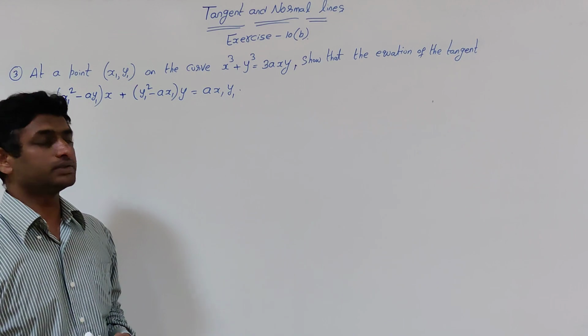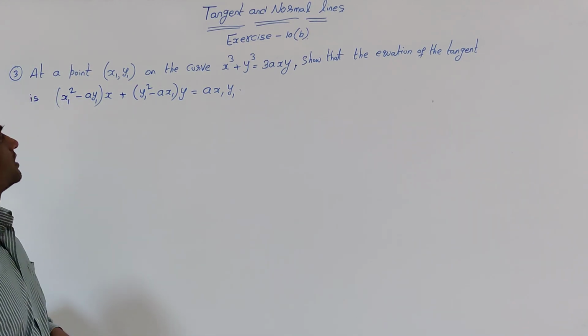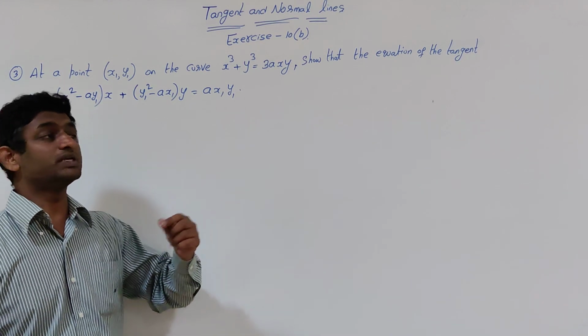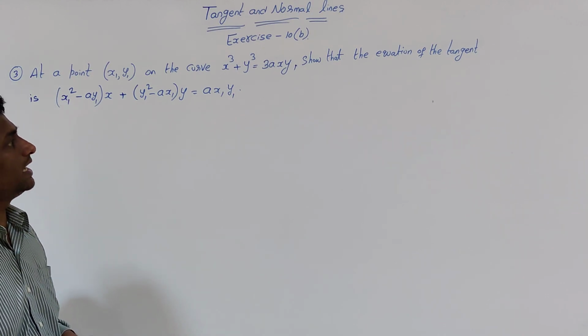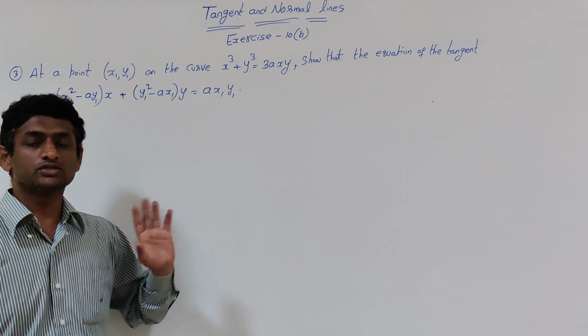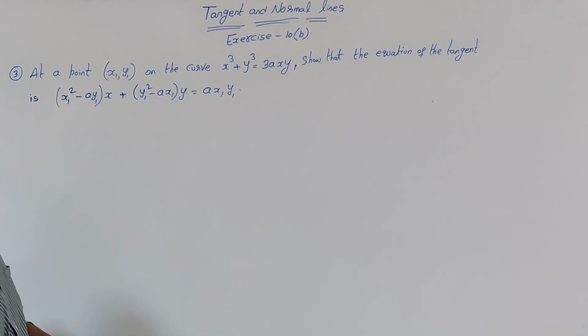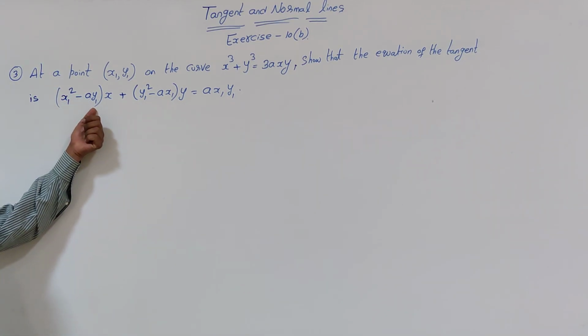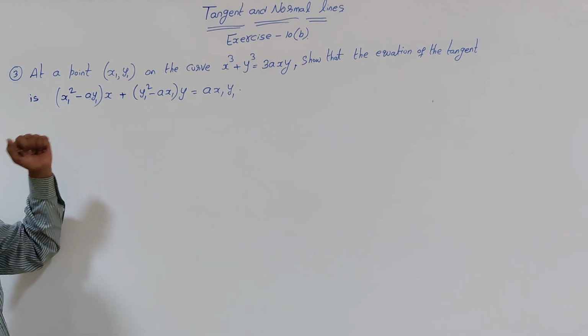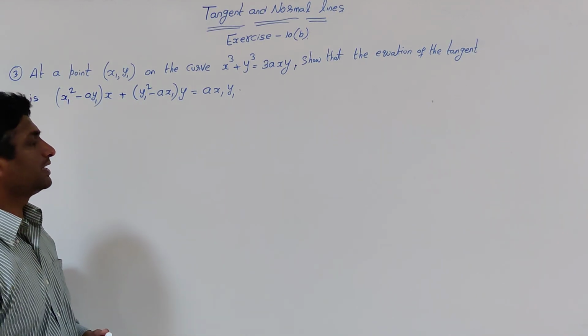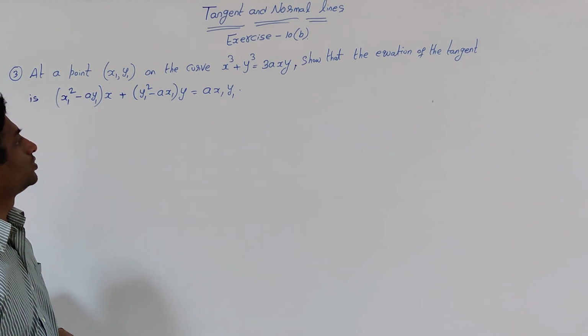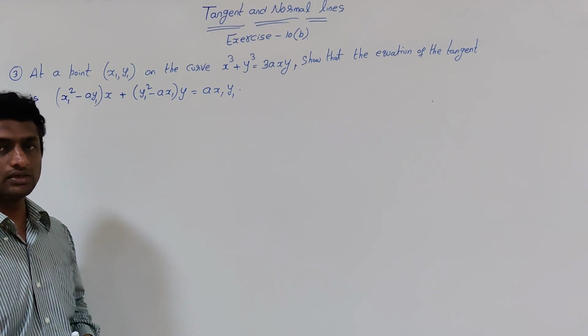The next question is: at a point x1, y1 on the curve x cube plus y cube is equal to 3axy, where 3a is constant, show that the equation of the tangent is x1 square minus ay1 times x plus y1 square minus ax1 times y is equal to ax1 y1.